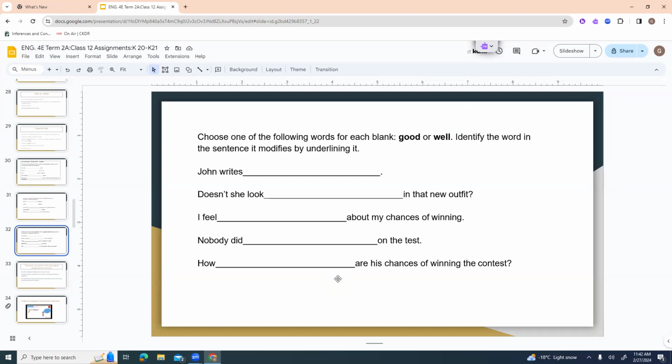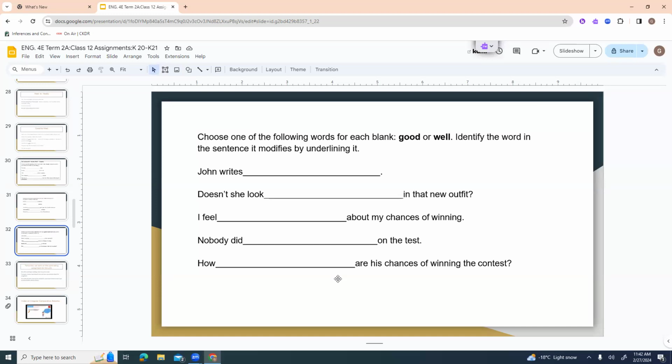John writes good, or John writes well. Next one. Doesn't she look good in that outfit? Or doesn't she look well in that new outfit? I feel good about my chances of winning.